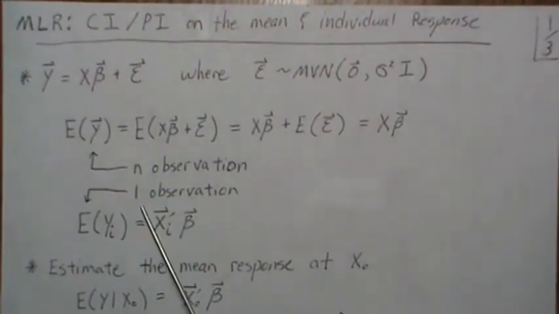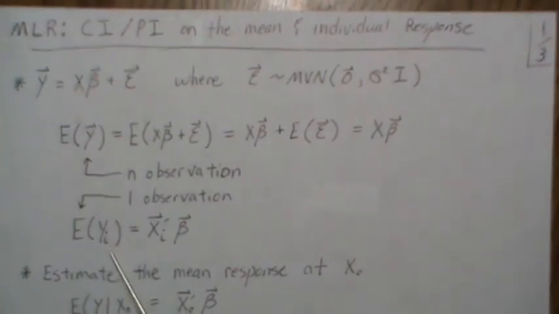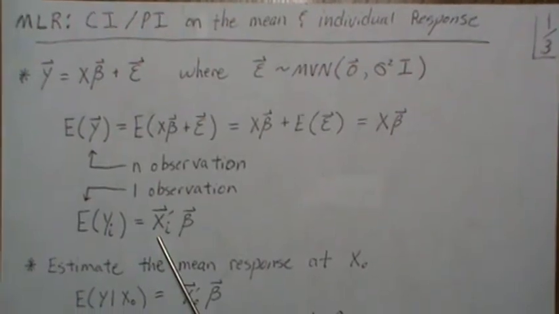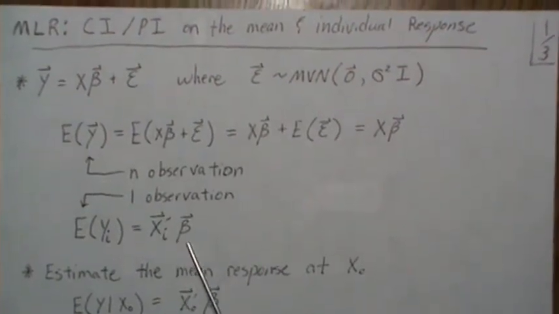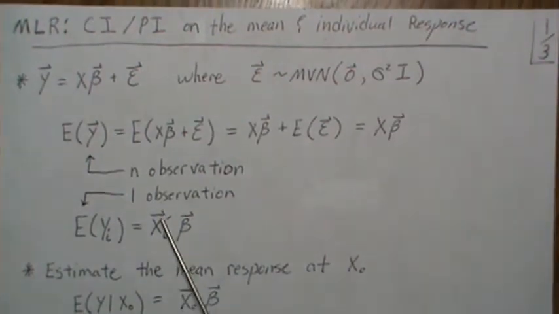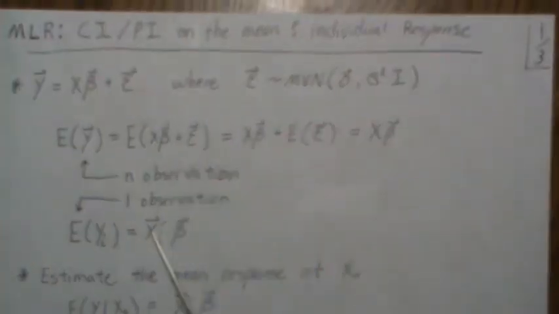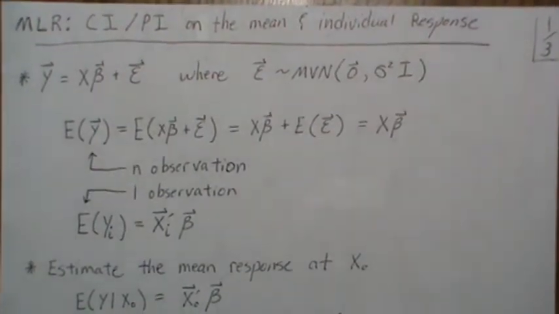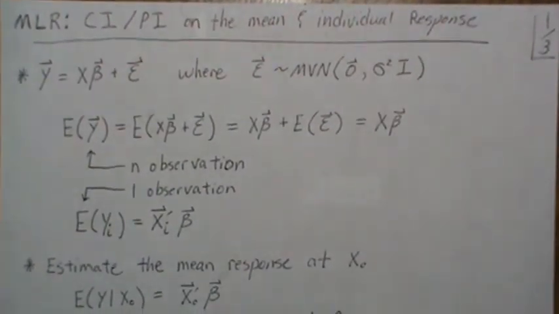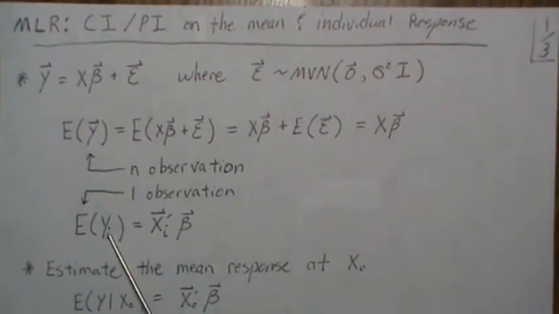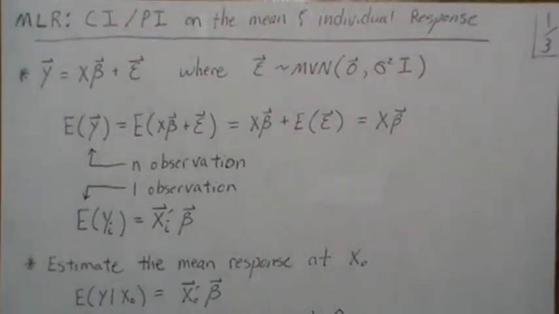Here we want one observation, expected value of yi. And that is the expected value of xi beta. And so this right here is a vector. The first component is a 1 associated with beta 0, and then the remaining are x1, x2, x3, all the predictor variables to try to predict y.